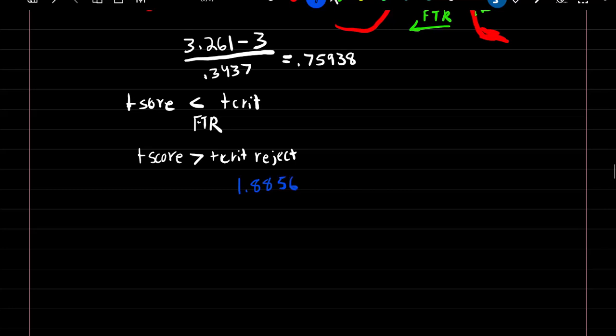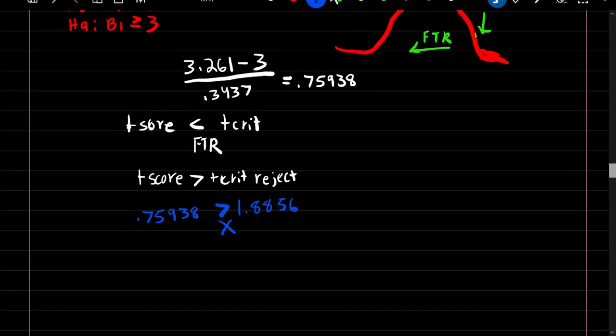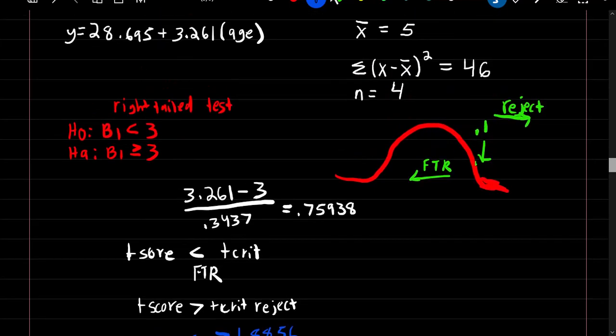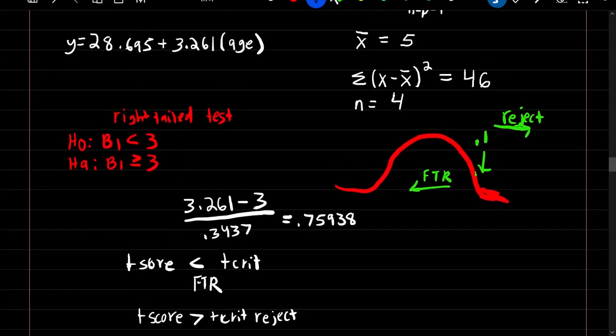And then we got a t-score of 0.75938. So since this number is not greater than the critical value, we can say that we cannot be 90% confident that the true population parameter of age is greater than 3.